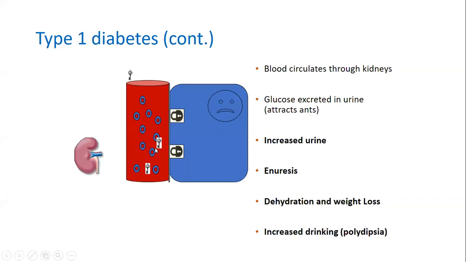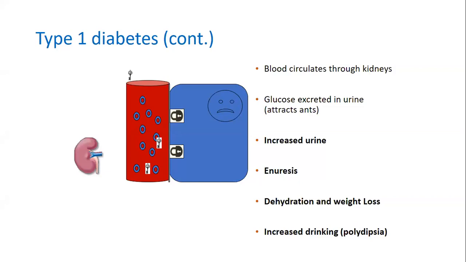So as glucose is being excreted in urine, it will also go with water and electrolytes. So at the same time, as you are losing the glucose, you will also be losing a lot of fluid. Water will follow and electrolytes will also follow. And this usually causes increased urine output. So these patients will have what we call polyuria. So they are producing a lot of urine.